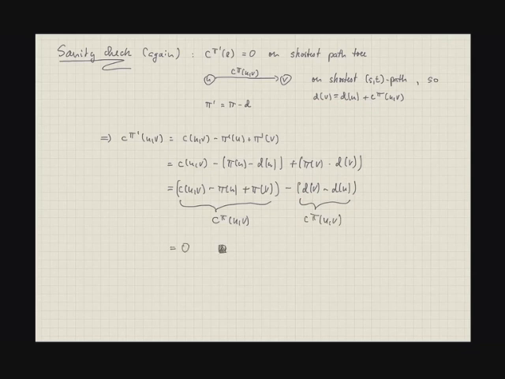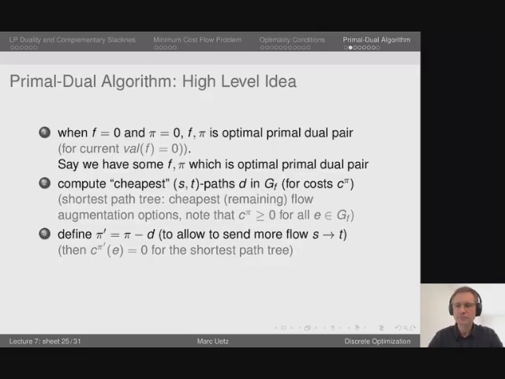So that was exactly what we wanted and how we wanted to define it. Now we have convinced ourselves that indeed the new reduced costs are equal to 0 on the shortest path tree, so on all shortest s-t paths that we still have in the residual graph.